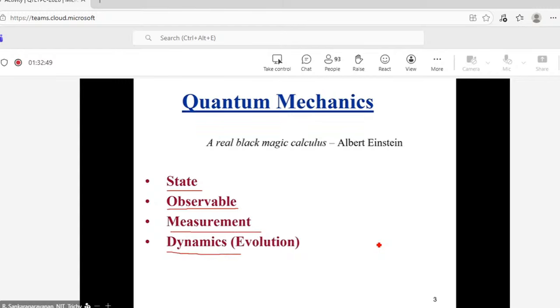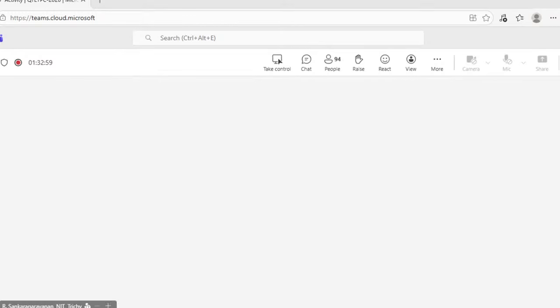So when you say state, classically, we know that mechanics is the heart of physics. That is where the modern scientific pursuit started, from Galileo and Newton and so on.